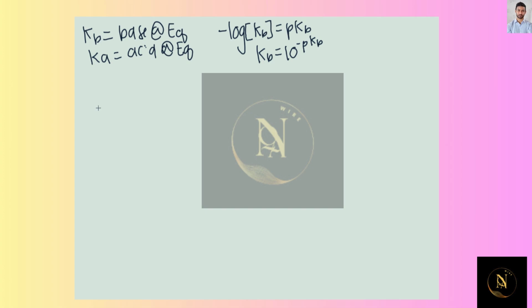To answer these questions, we also need to know the pH scale and the pOH scale. Ka deals with the pH scale, whereas Kb deals with the pOH scale.